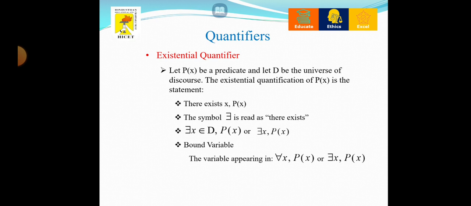Then for some x belongs to D, P of x, or for some x, P of x. Next, the variable appearing in for all x P of x or for some x P of x is called a bound variable.